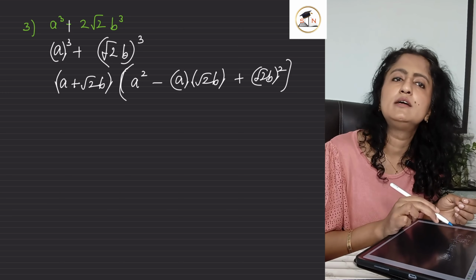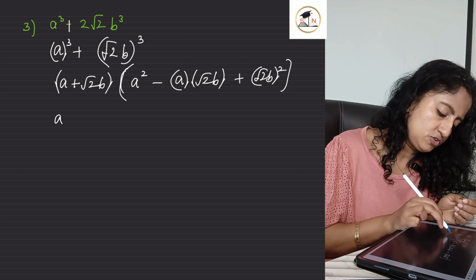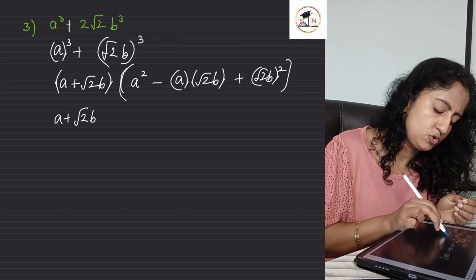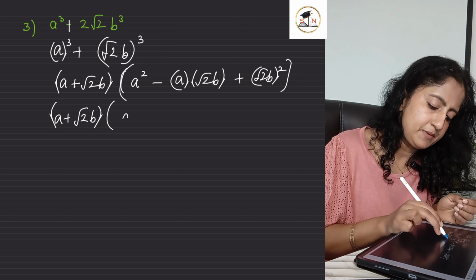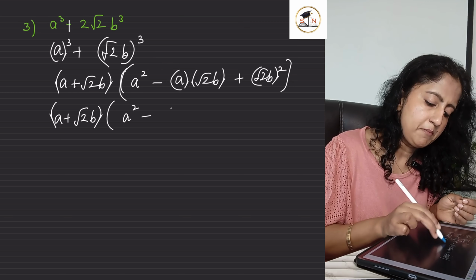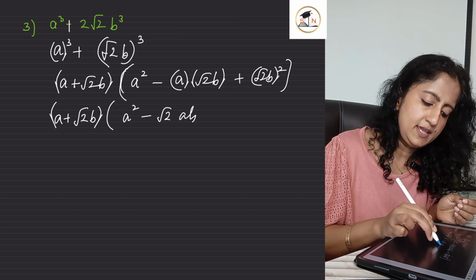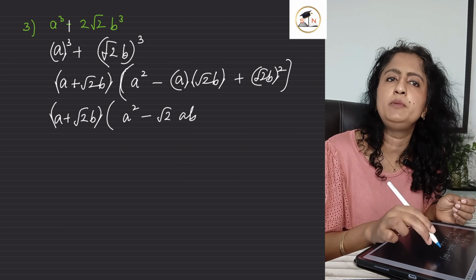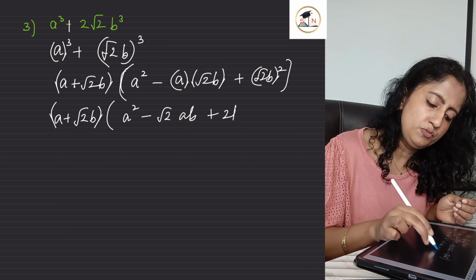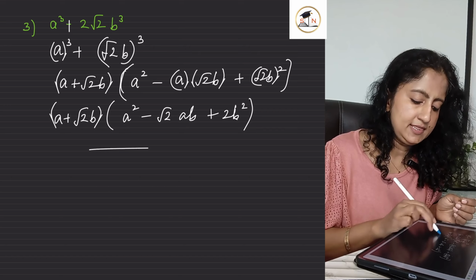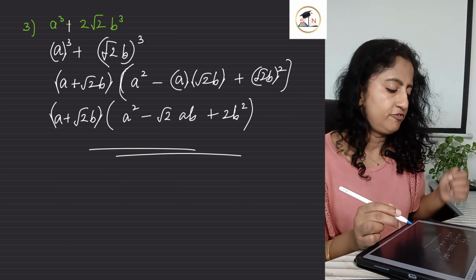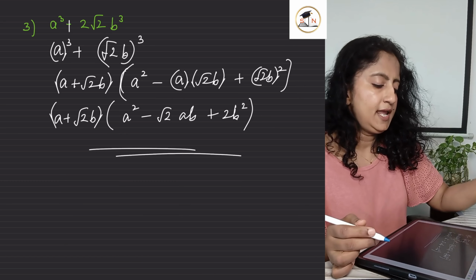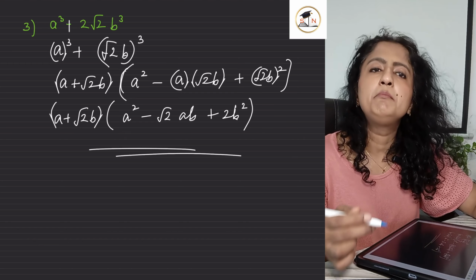This is how you get it, right? So the final answer: a plus root 2b in the first bracket. The second bracket results in a square minus root 2 ab. And what is the square of root 2b? That is 2b square. This is your answer for this third part, a cube plus 2 root 2 b cube.